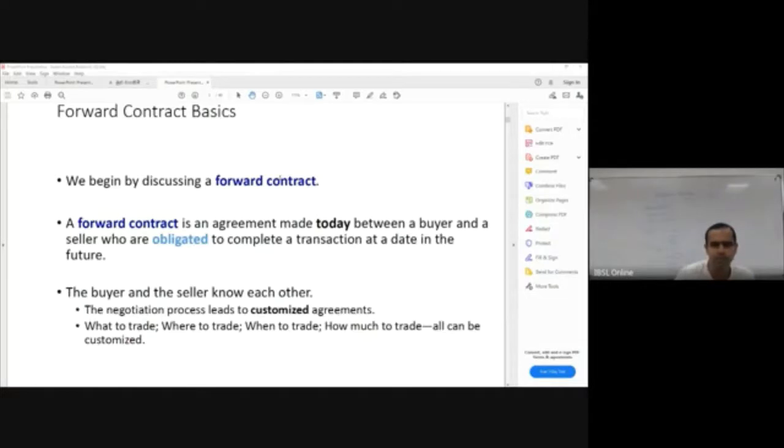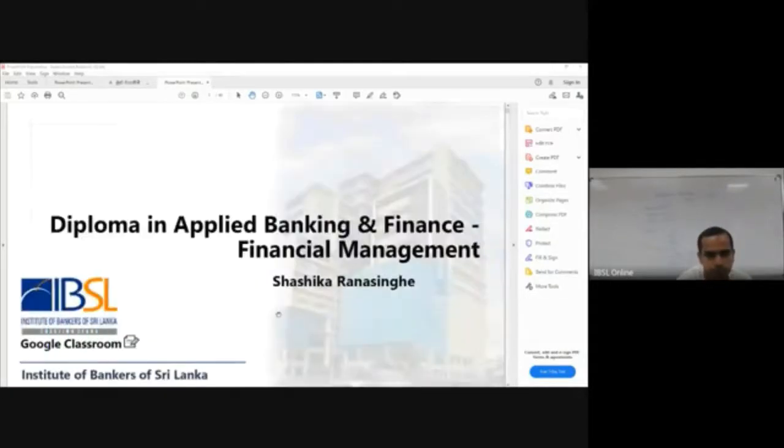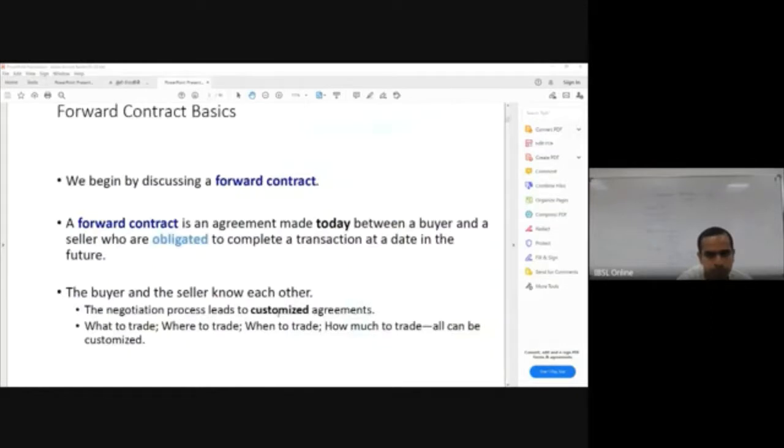Okay, so a futures contract is similar to a forward. A forward contract is an agreement made today between buyer and seller who are obligated to complete the transaction at a date in the future. The buyer and the seller are known to each other.